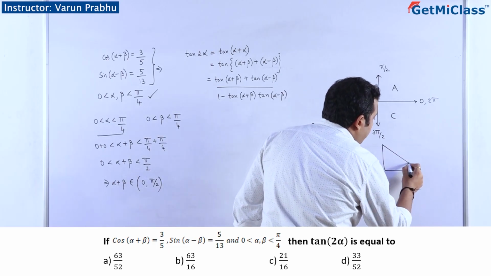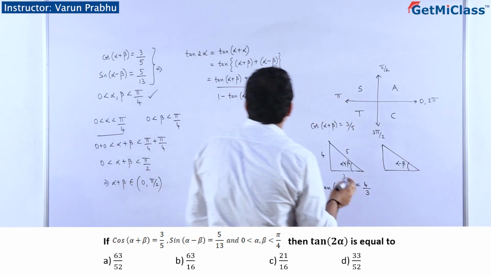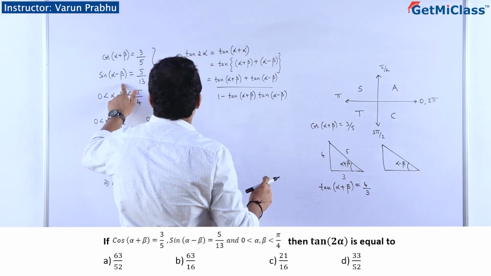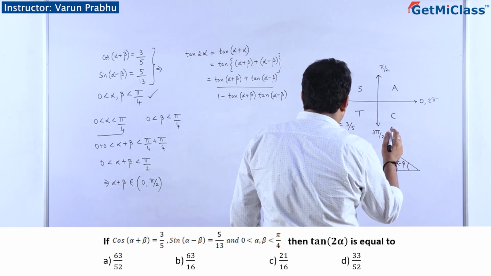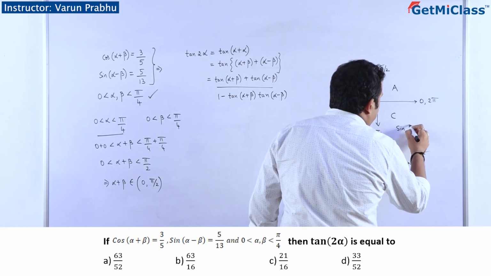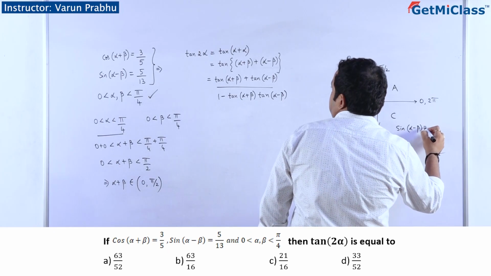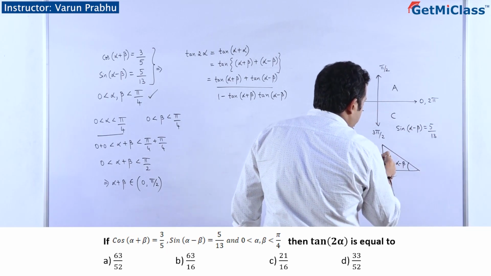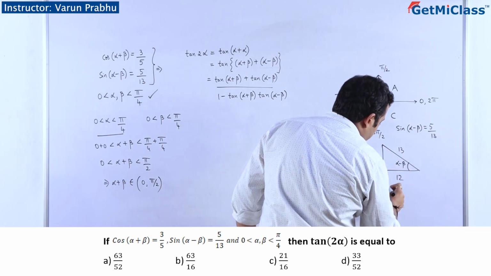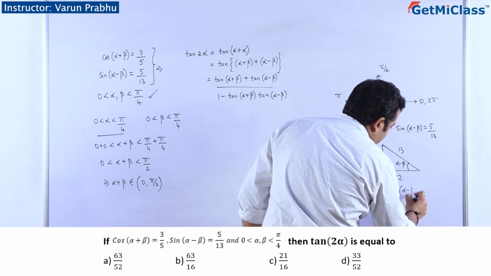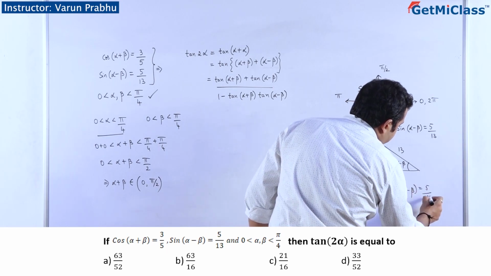Similarly, you go for alpha minus beta. So, here what is given in the problem? Sine of alpha minus beta is given in the problem, right? Sine of alpha minus beta is given in the problem as 5 divided by 13. So, this is 5, this is 13, this is 12. So, tan of alpha minus beta, that is equal to how much is it? 5 divided by 12.